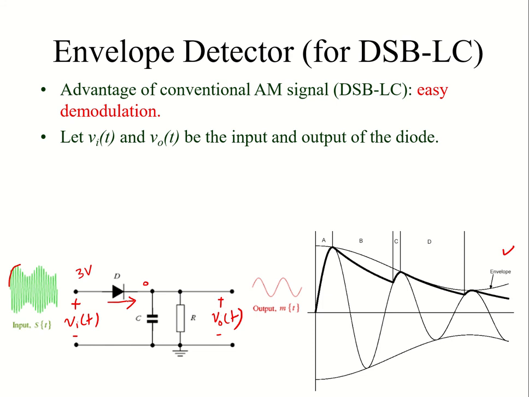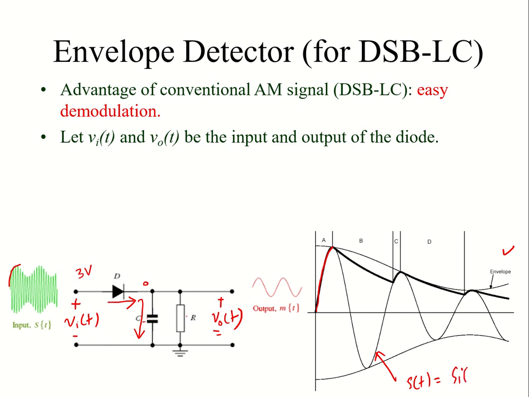When this diode is in forward bias, this capacitor will start charging. These two are in parallel, so that will be your output voltage. This is basically your input signal, the AM modulated signal.